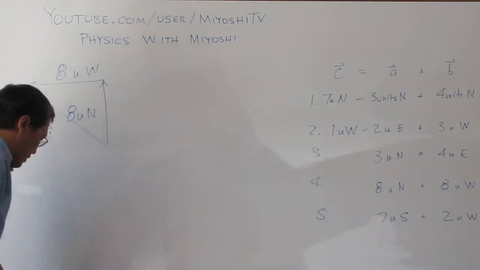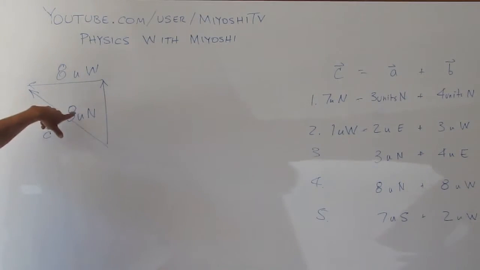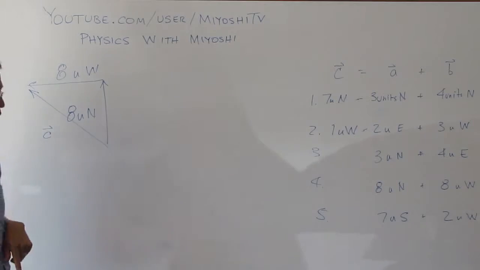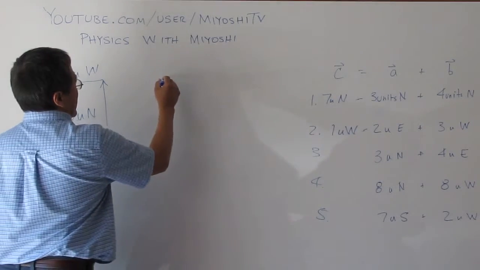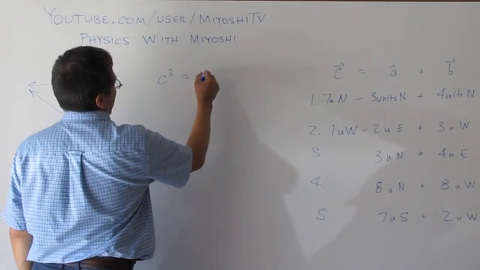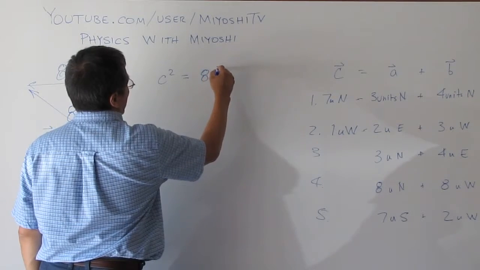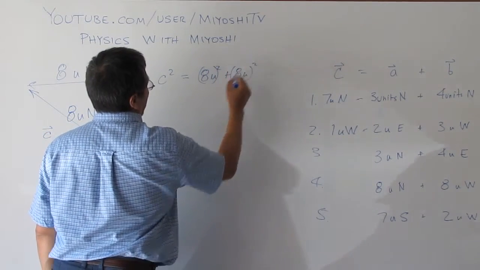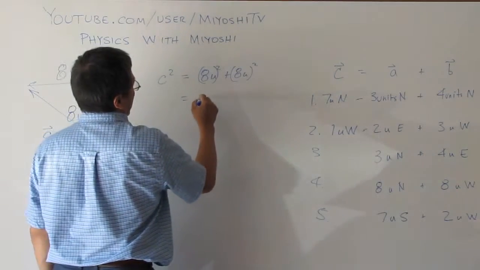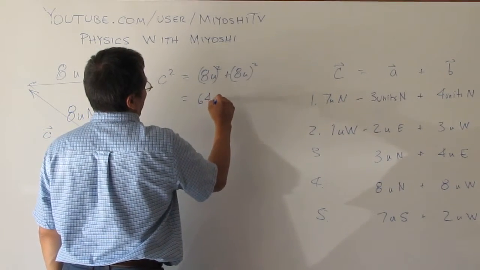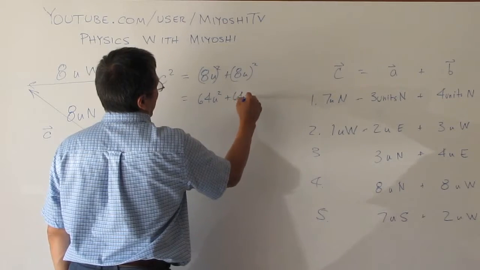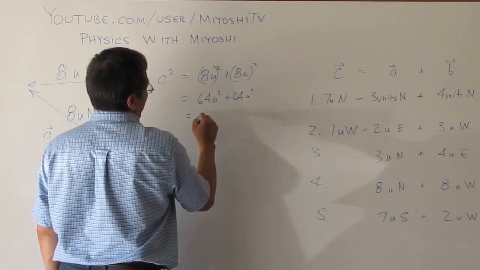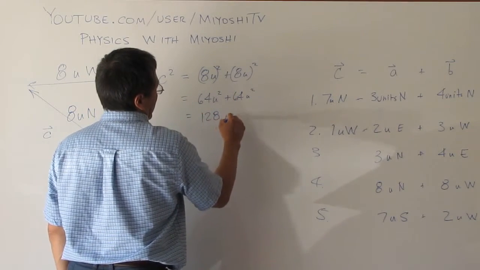So, in this case I have 8 units north, 8 units west. So my C squared is 8 units squared plus 8 units squared, is 64 units squared plus 64 units squared, which is going to give me 128 units squared.